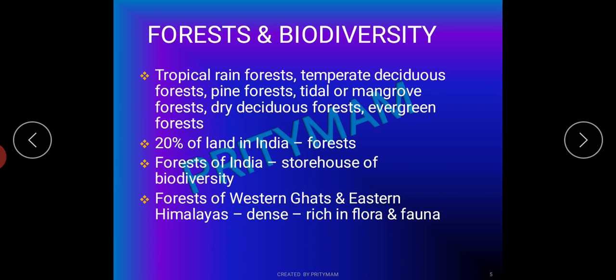The forests of the Western Ghats and the Eastern Himalayas are very dense, and particularly rich in flora and fauna. Lots and lots of different plants and different animals are found in this region.